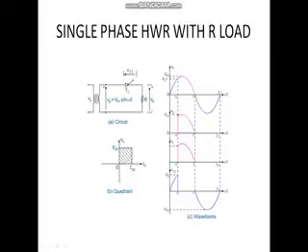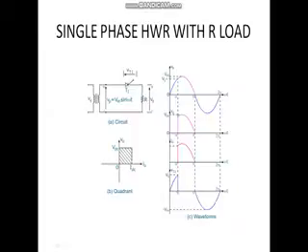You can see the waveform, the first waveform shows the input voltage, that is a sine wave. Here a very important concept is firing angle. What do you mean by firing angle? It is the angle between zero crossing of input voltage and the instant the thyristor is fired.